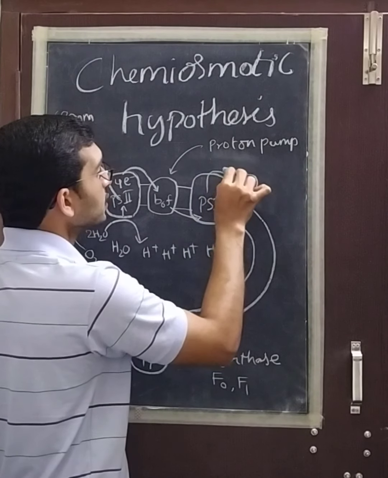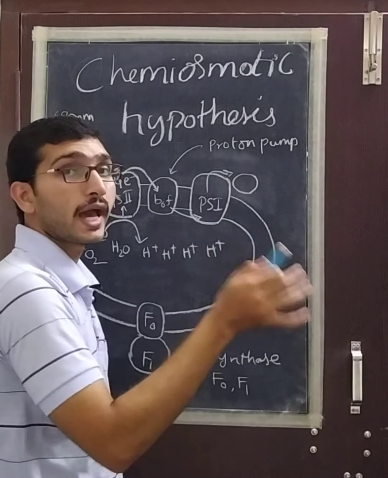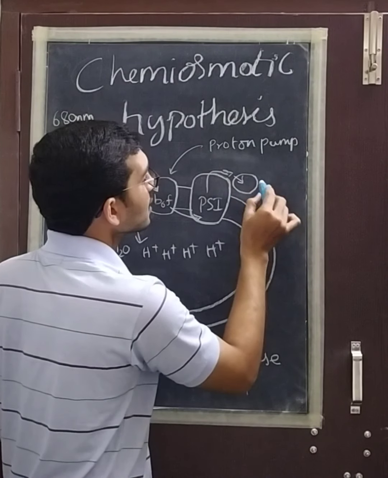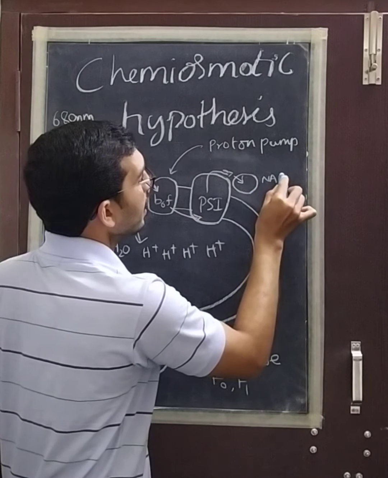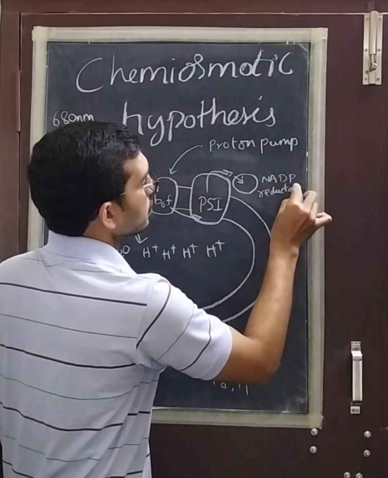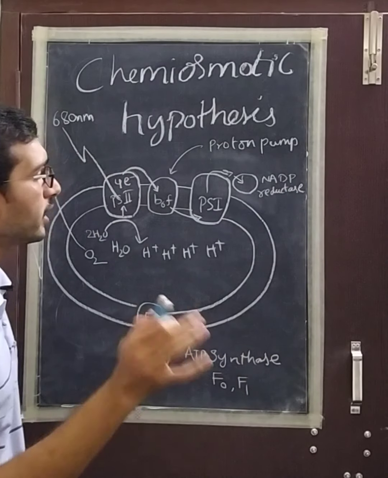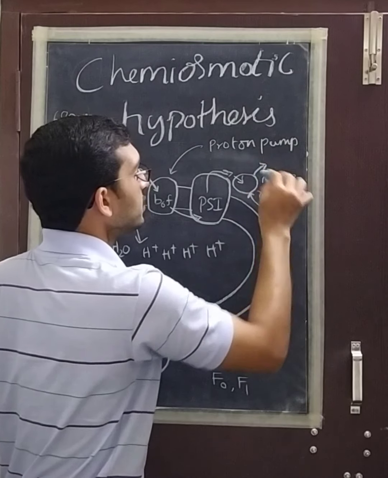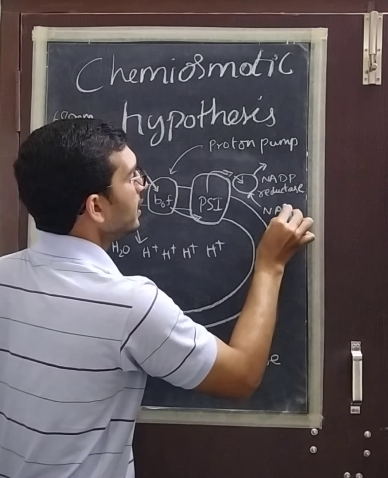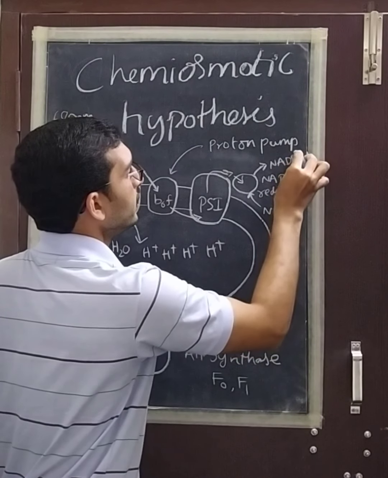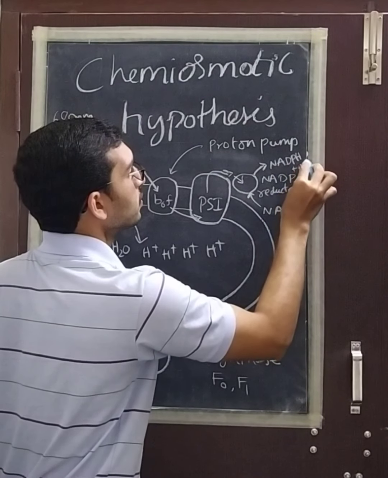The cytochrome doesn't utilize the electrons, but it passes those electrons to photosystem 1, and again in the photosystem an electron acceptor takes place, and this is passed to the NADP reductase. Finally, the electrons from photosystem 2 have been sent to the NADP reductase. What is the function of this NADP reductase? It will reduce the NADP to NADPH plus H plus.